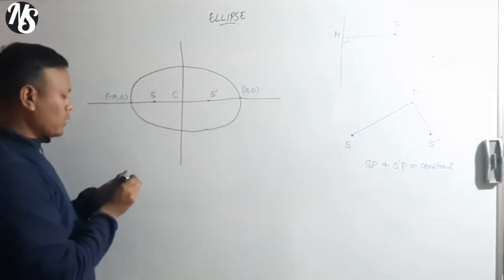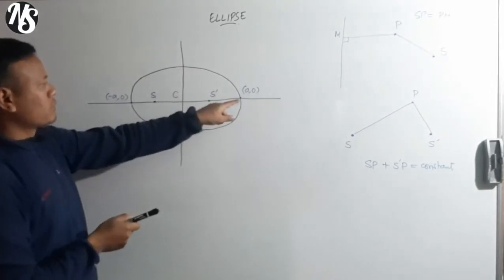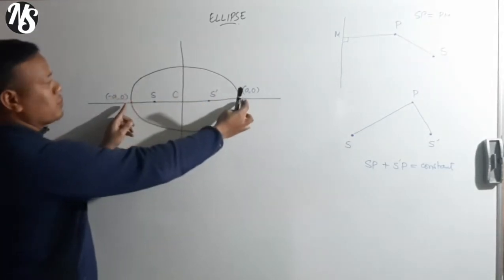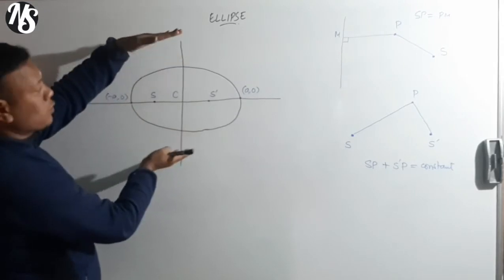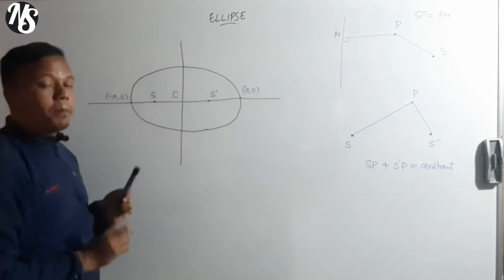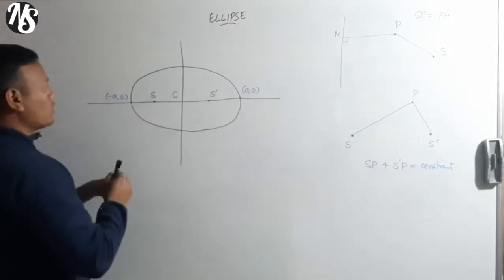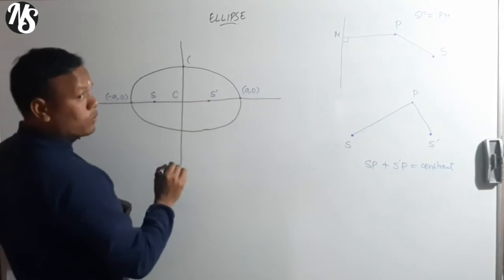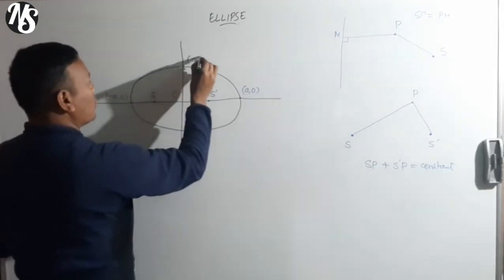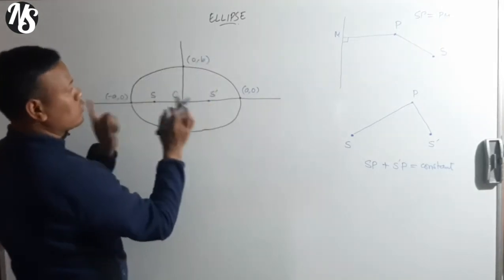This is your major axis, and this is called your minor axis. The one which is shorter is called the minor axis.